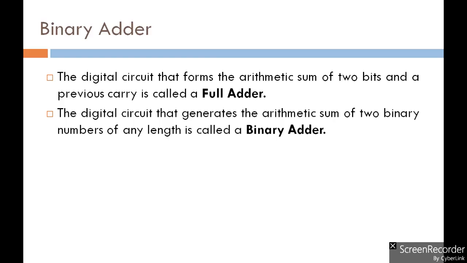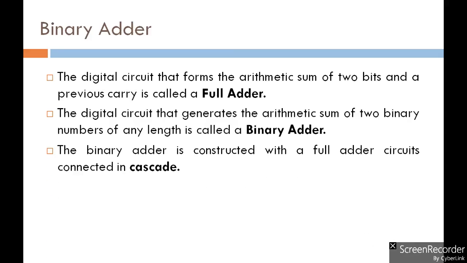If I want to add two binary numbers of n bits each, then I need n full adder circuits.